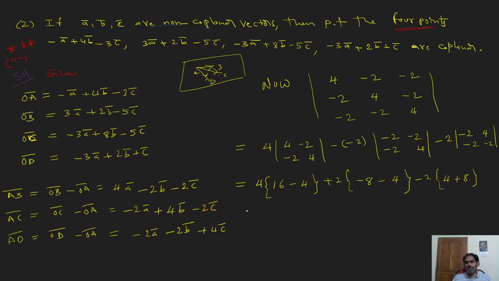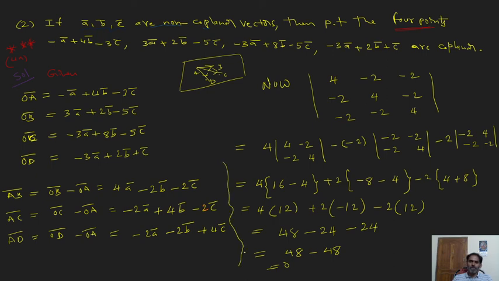Determinant expansion, easy. 4 into 12, plus 2 into minus 12, minus 2 into 12. So this is 48 minus 24 minus 24, so 48 minus 48, 0. Determinant value 0.